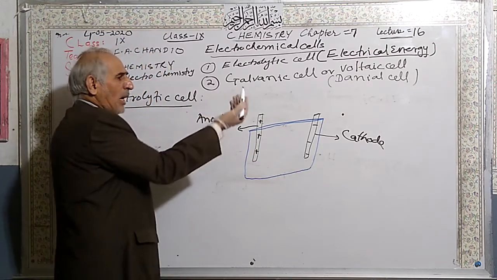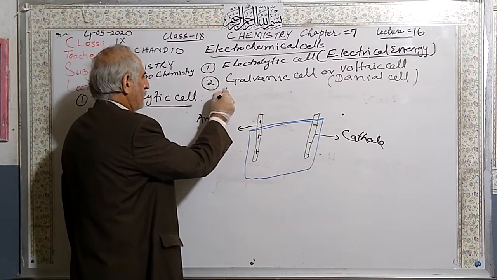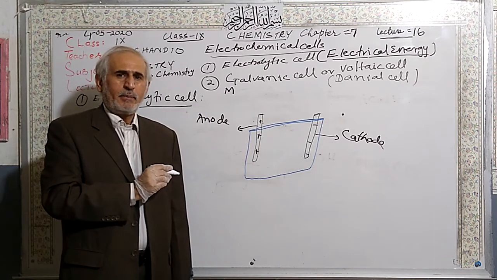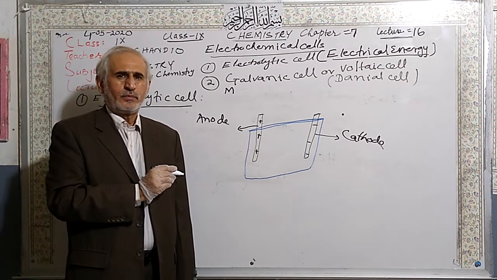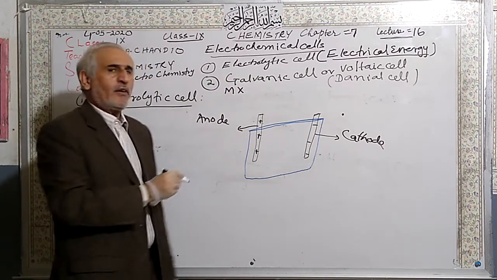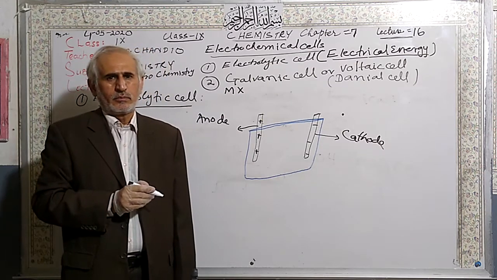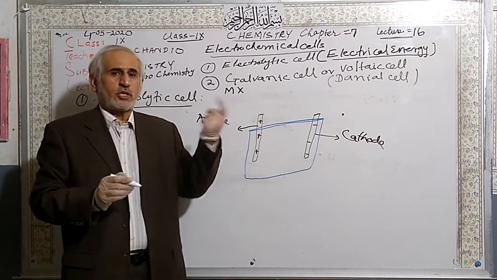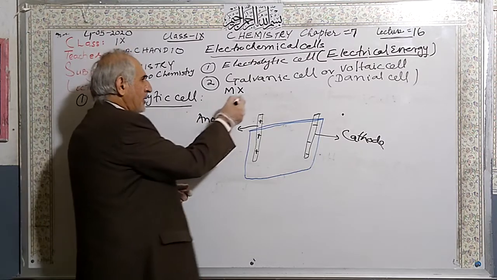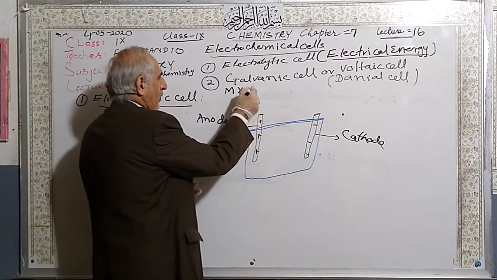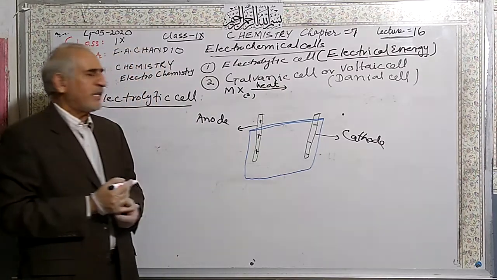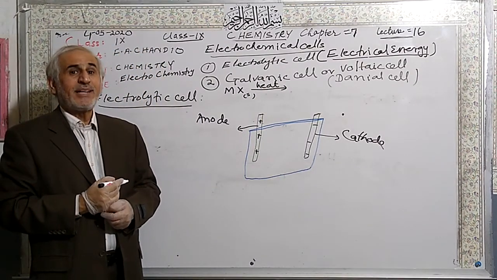In general, how do I write sodium chloride? M stands for metal, sodium. X stands for halogen, chlorine. Suppose this is potassium chloride, suppose this is sodium chloride, suppose this is potassium iodide, solid, and I am going to heat it so it melts.